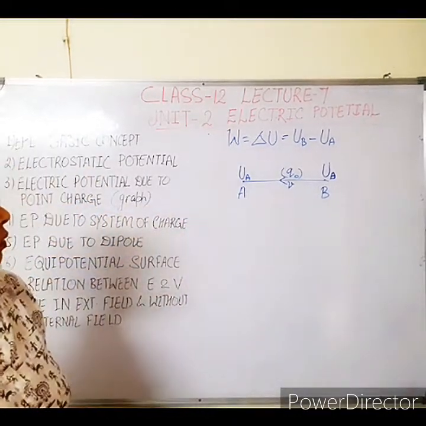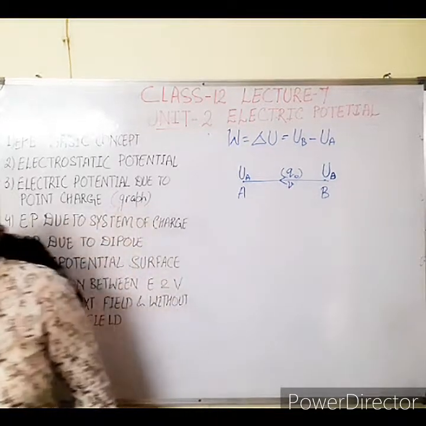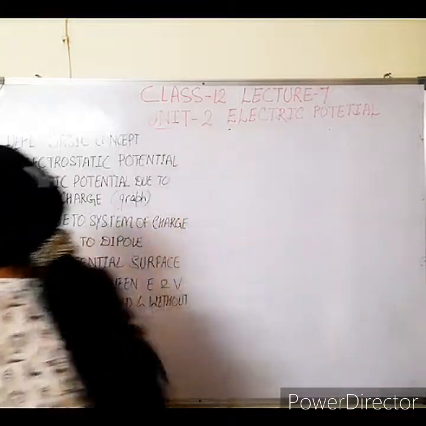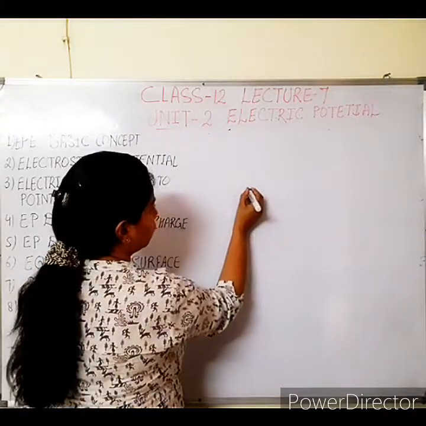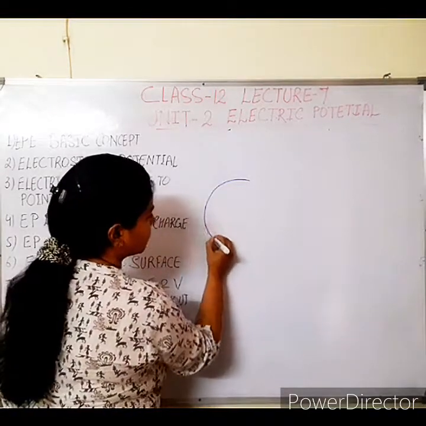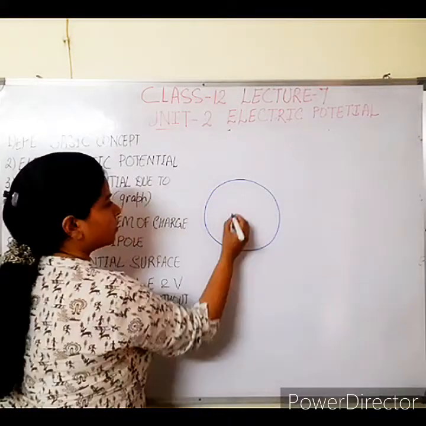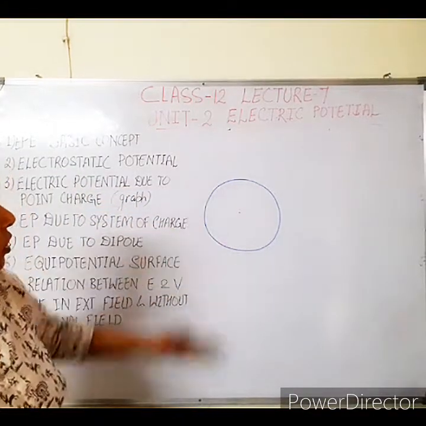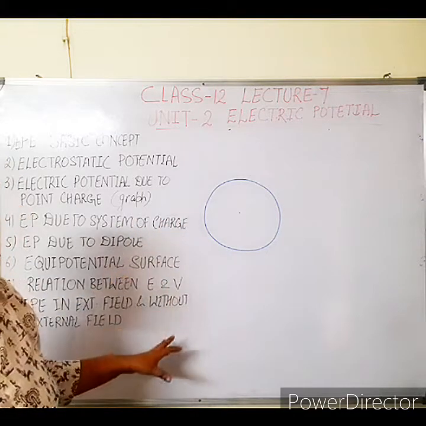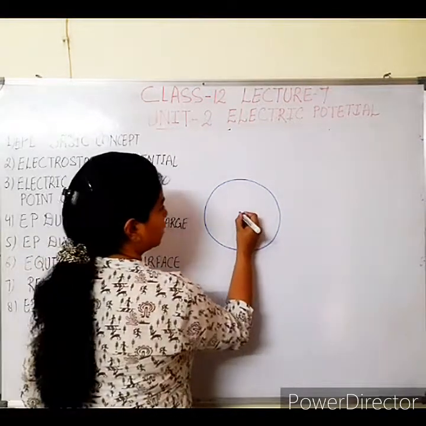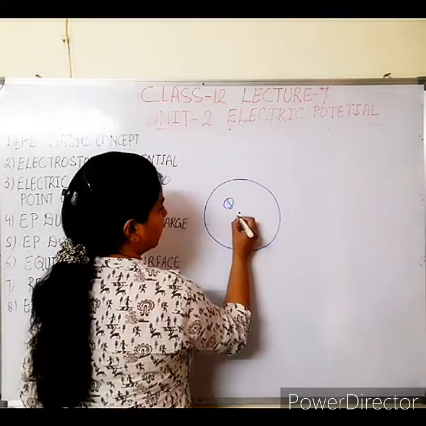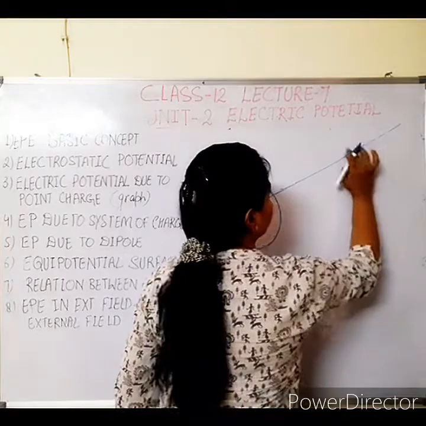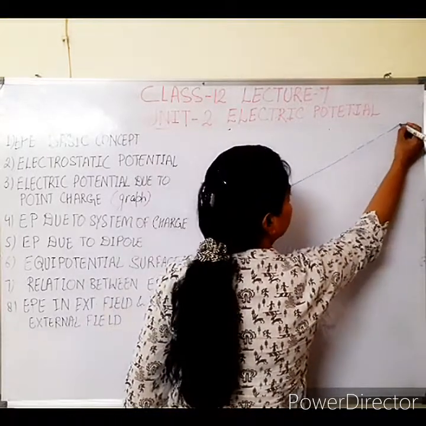For this we will consider one case, and that case is the electric field of a charge body. Always we make a circular shape structure around a charge body in two dimensions. This is a two-dimensional figure. The source charge Q is present at the center, and let us consider an infinite distance. This dotted line shows the infinite distance.